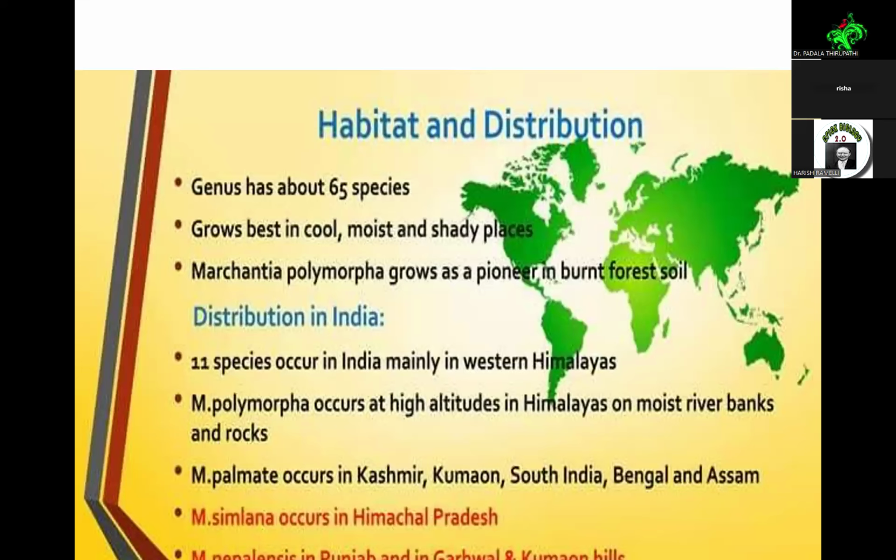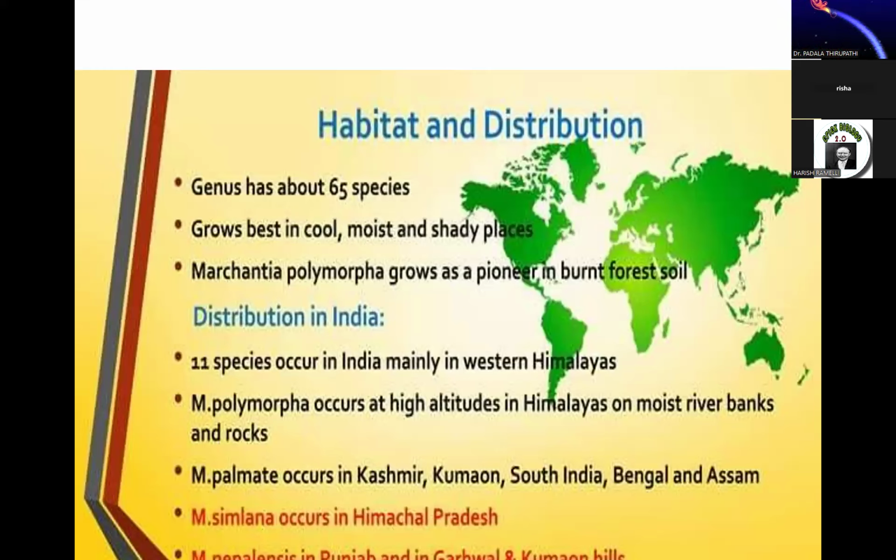Then its distribution in India, that is, the places where it occurs in India. 11 species of this have been identified in the western Himalayan regions. Marchantia polymorpha occurs at high altitudes in the Himalayas, on moist river banks and rocks.